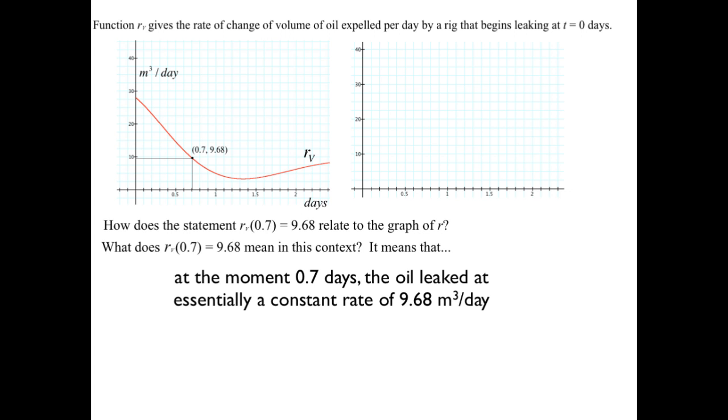So at that moment, the oil leak is essentially at a constant rate of 9.68 meters cubed per day. What does a constant rate of 9.68 meters cubed per day mean?